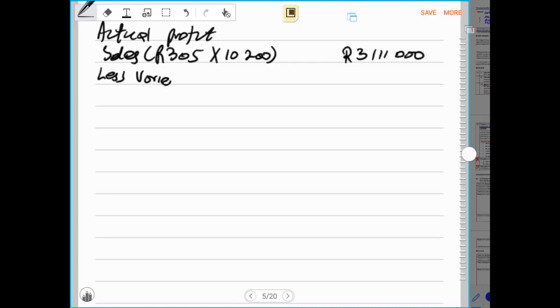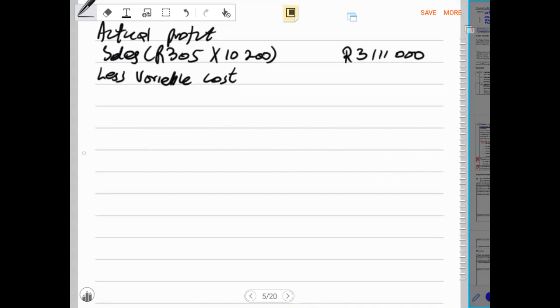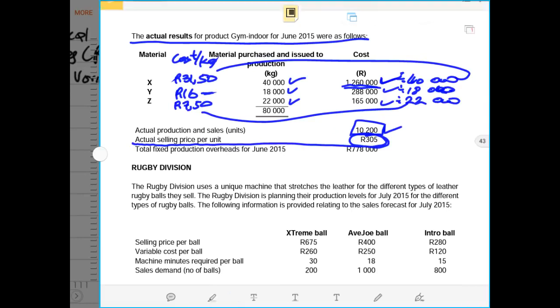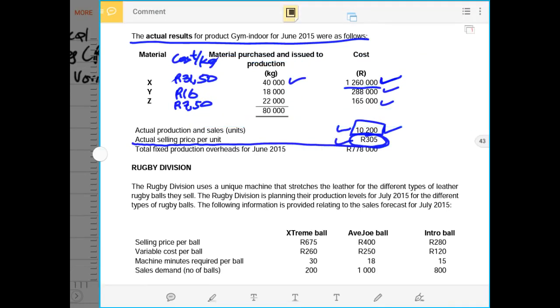Then we say less variable cost. Now we have to look at how much our variable cost would have been. Our variable cost will be the sum of those three costs in total, because they've already given them to us.